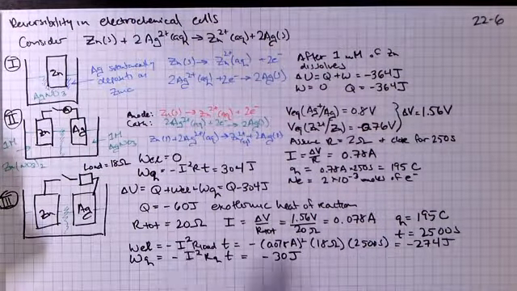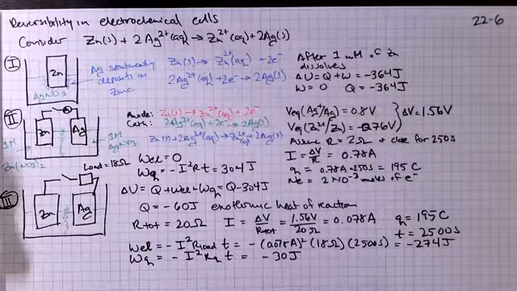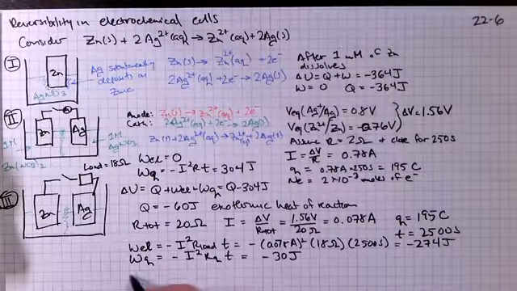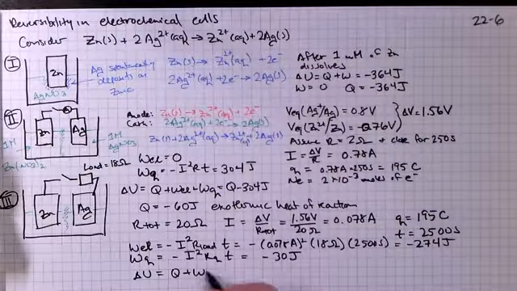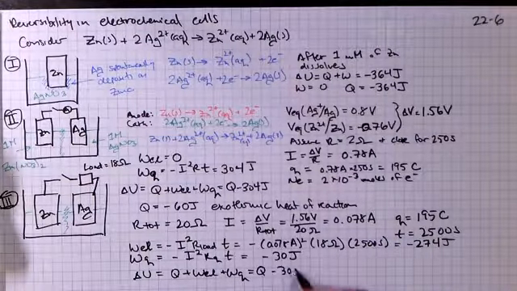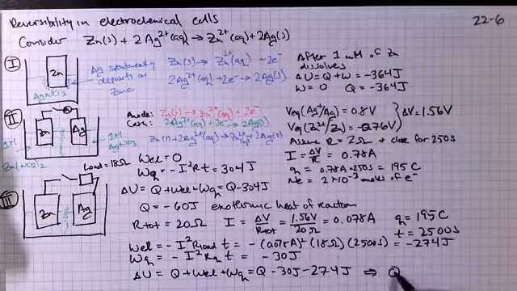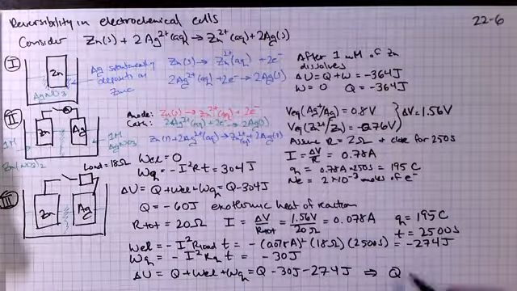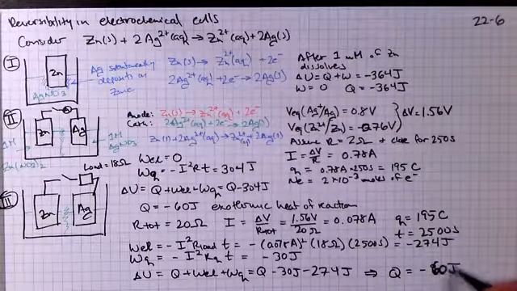Because our current has gone down significantly, so the amount we're dissipating in the circuit is much less. And we know that the total delta U, which is Q plus WEL plus WQ, has to equal Q minus 30 joules minus 274 joules. So Q, the amount of heat energy dissipated in the reaction, is minus 60 joules.